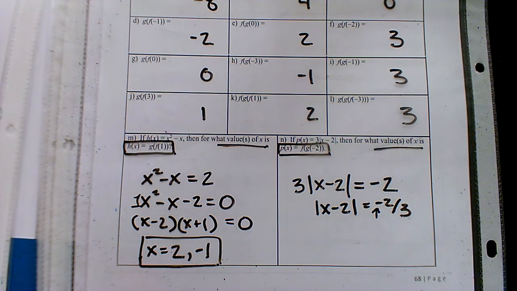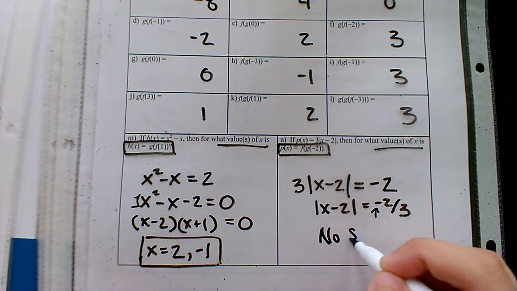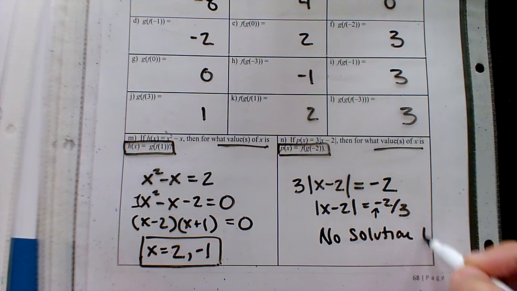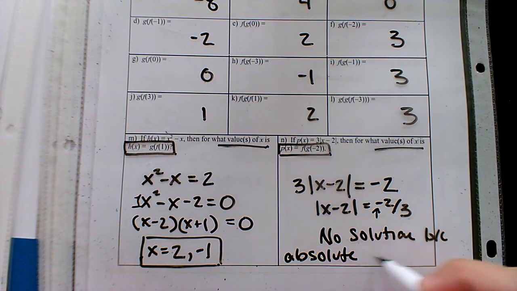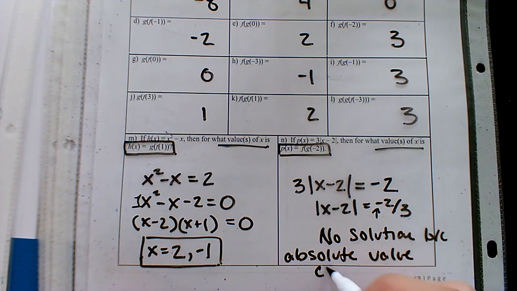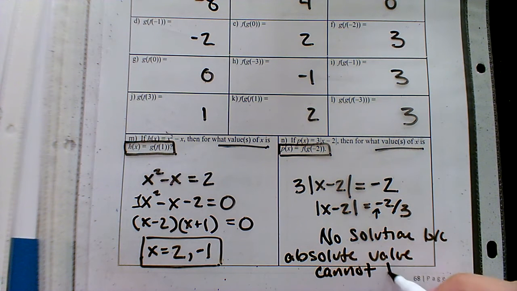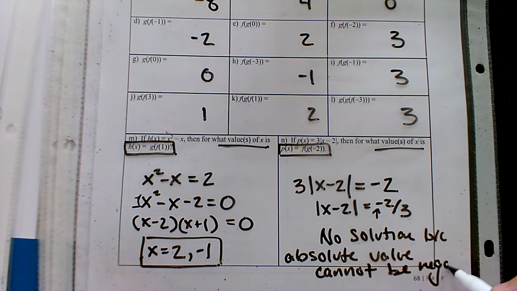And if you did that, you would still get answers. Okay, but if you actually checked them, plugged them back in, they would not make sense. So we'll say this one has no solution because an absolute value cannot be negative.